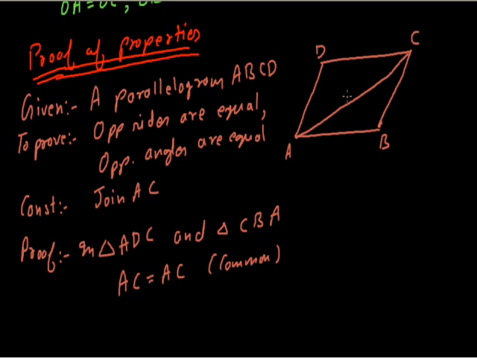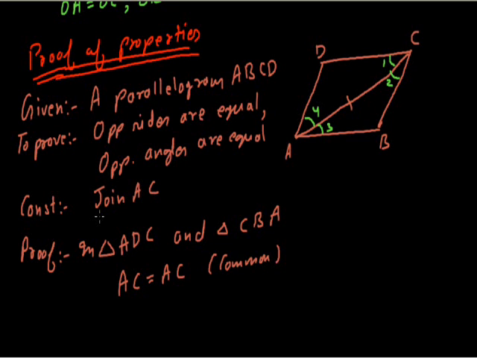That is, this side is common. Let's say this angle is 1 and this angle is 2. This angle is 3 and this angle is 4.